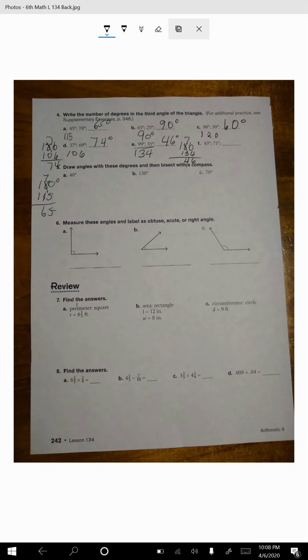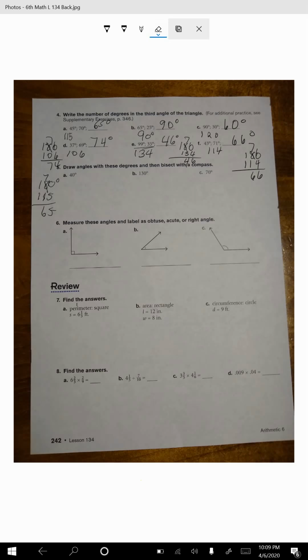And then finally, 43 and 71. What do you get? That you can do in your head. You don't have to do any carrying or anything. You should get 114, 114 from 180. 66 degrees. Pretty easy stuff.